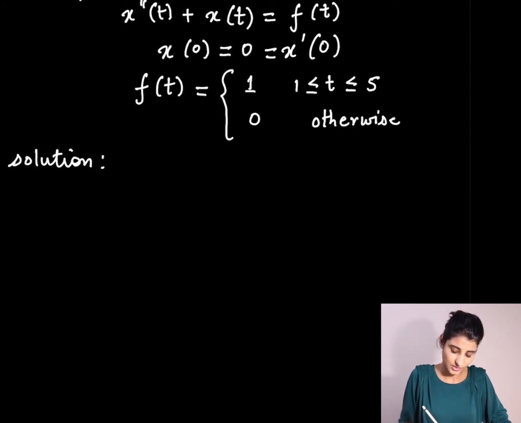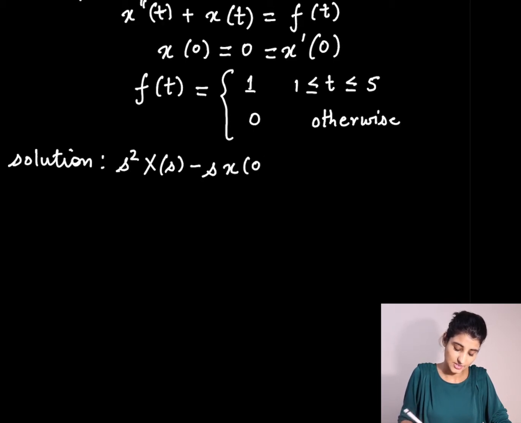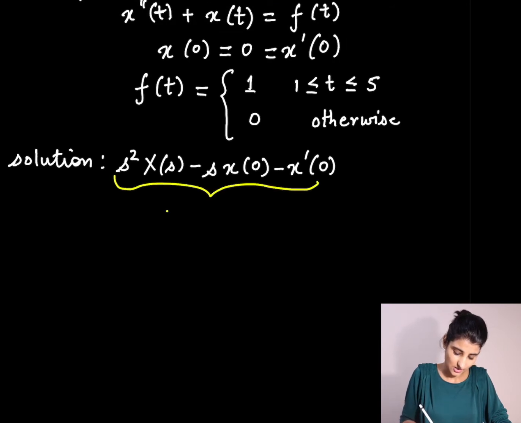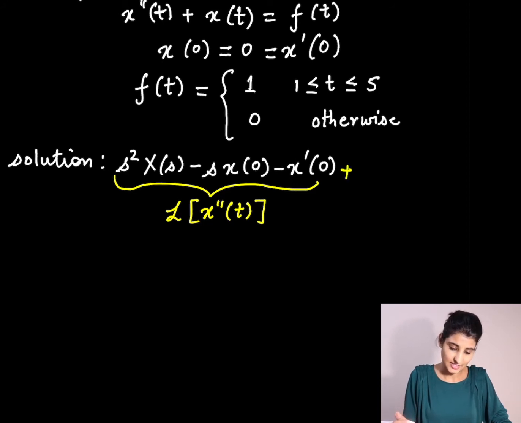So Laplace of the double derivative is s squared X(s), where X(s) is the Laplace of x(t), minus s times the value at 0 minus x prime 0, and this here is our Laplace of the double derivative, plus Laplace of x(t), which is going to be X(s) by our notation, and this is equal to Laplace of f(t).